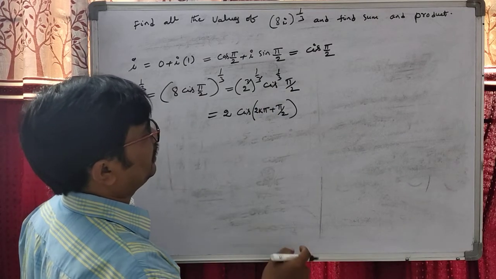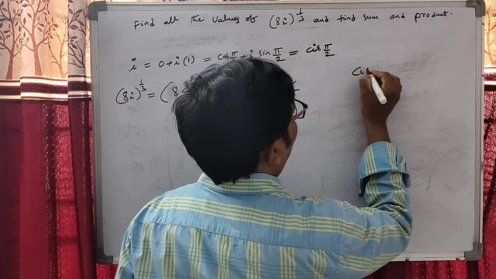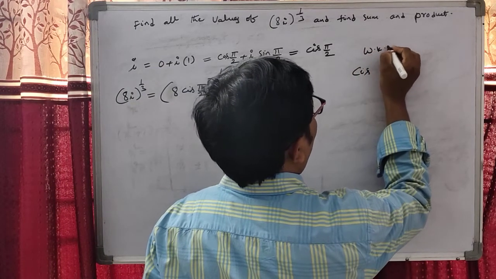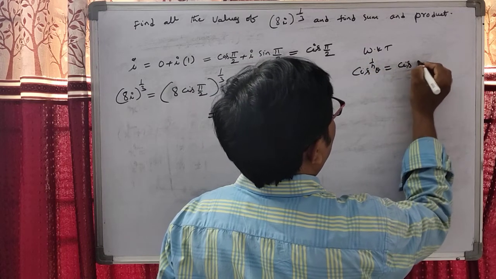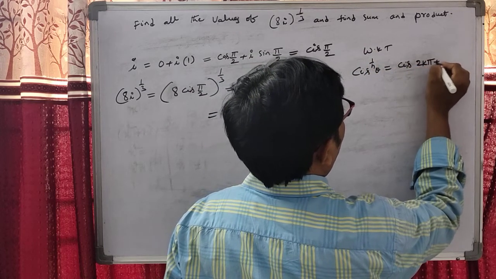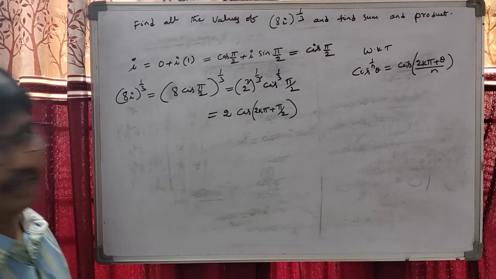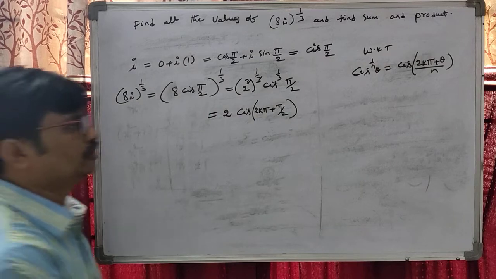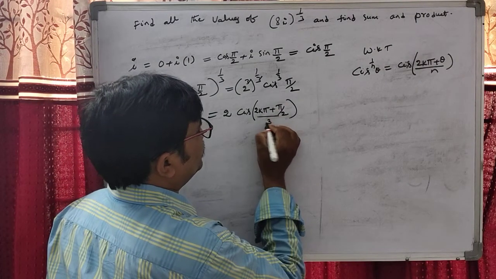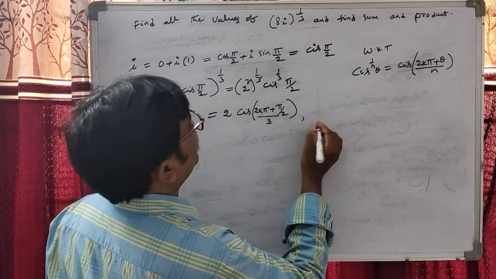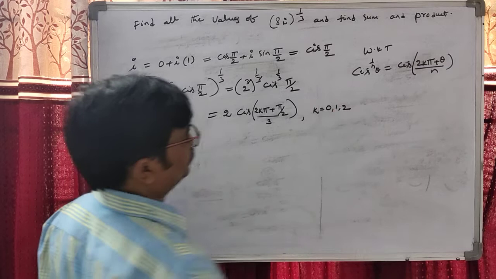We have already discussed cis power 1 by n theta is cis of (2k pi plus theta) by n. So n is 3, and we can write it where k equals 0, 1, 2.